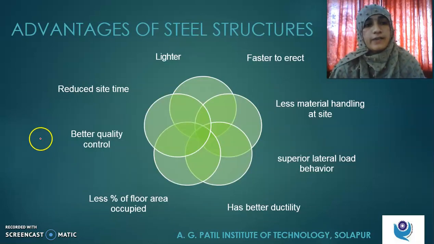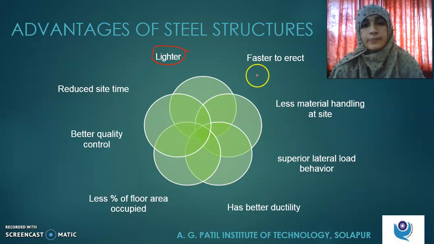Now we'll see the advantages of steel structure. First advantage is lighter. Steel structure is lighter with respect to other materials. Light in the sense strength to weight ratio is high. Then the second advantage of steel structure is faster to erect.